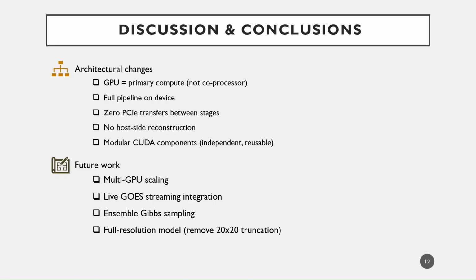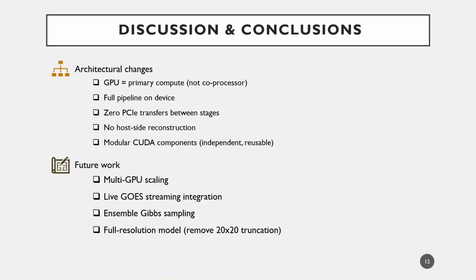Let me close with the broader implication of this work. The architectural insight at the heart of this project is a philosophical shift in how we use the GPU. We did not accelerate an R pipeline by offloading bottlenecks to CUDA. We redesigned the entire compute graph with the GPU as the primary compute substrate, not a coprocessor.